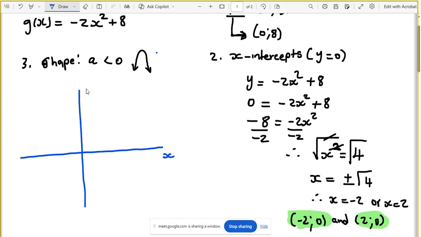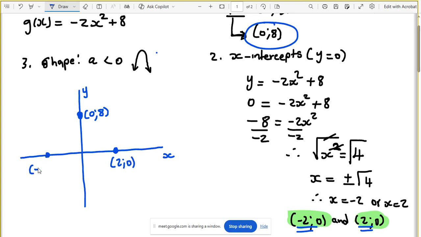This is my x, this is my y. Then you plot your turning point first. That's your turning point. It's (0, 8). Then you plot your x-intercepts, (2, 0) somewhere there, and then (-2, 0) somewhere there.